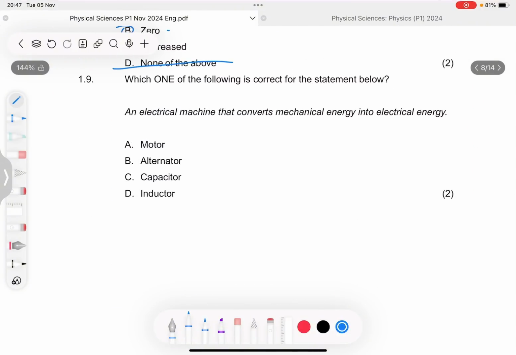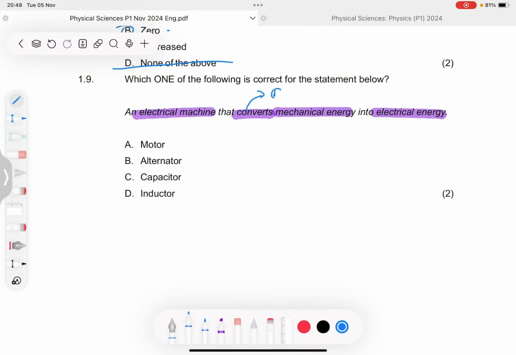Now 1.9, it says here, which one of the following is correct for the statement below? They say here, an electrical machine that converts mechanical energy into electrical energy. Some of these things, before you look at the options, try to answer them.